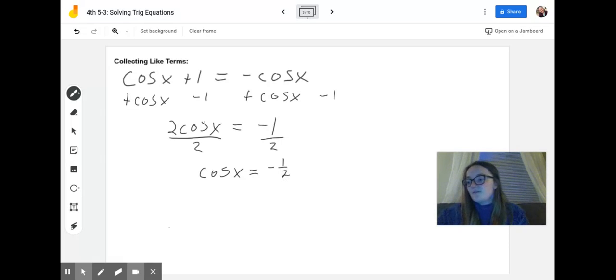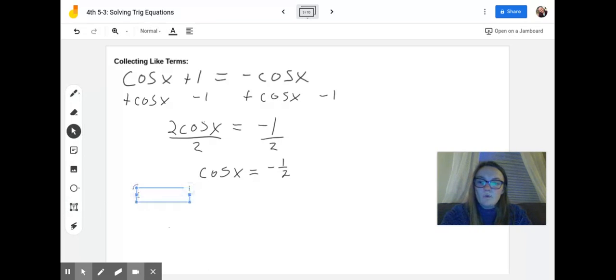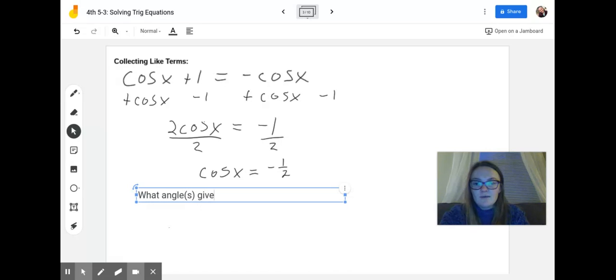All right, so if cosine of x is equal to negative a half, what the question here is really saying is: what angle or angles gives an x value of negative 1/2, thinking of x as cosine?